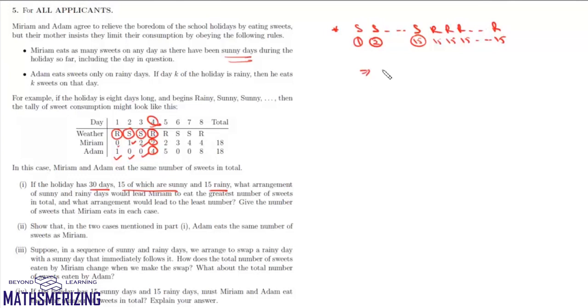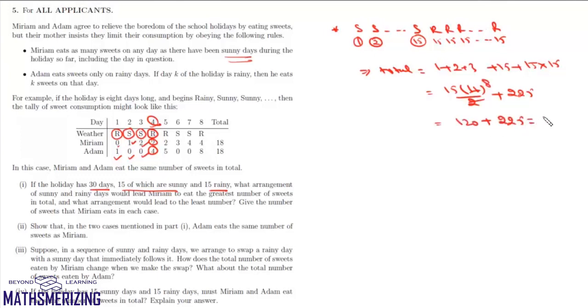So total number of sweets, in this case, it will be 1 plus 2 plus 3 up to 15 plus 15 into 15. So it will be n into n plus 1 by 2 plus 225. So it is 120 plus 225 and there will be 345. So the maximum number of sweets that Miriam can have is 345.